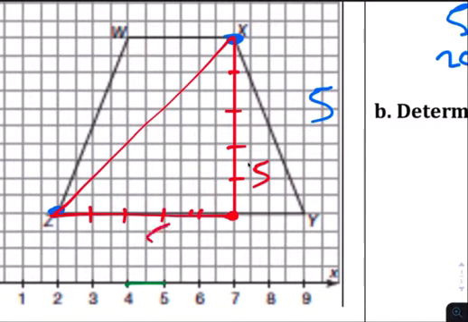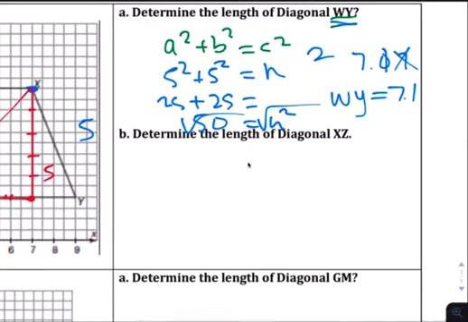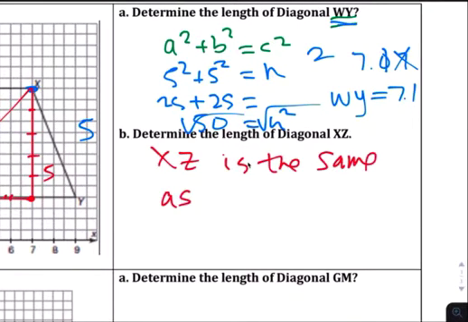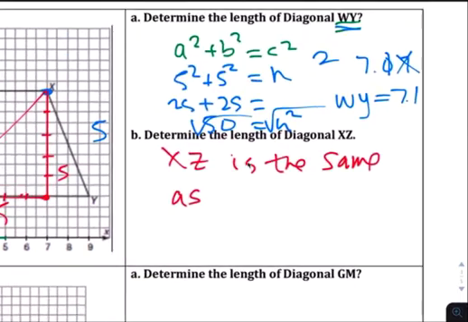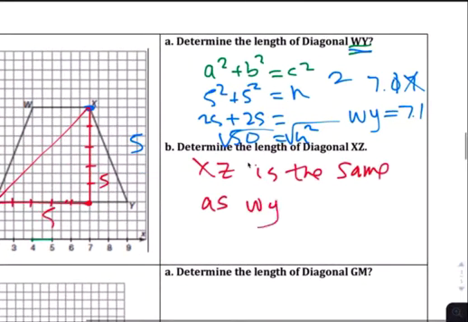Okay, same. XZ is the same as WY. So XZ is equal to 7.1.